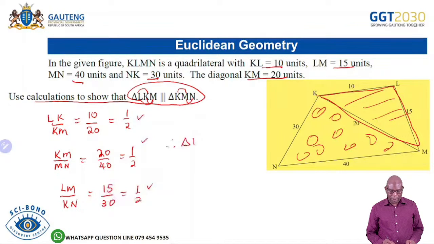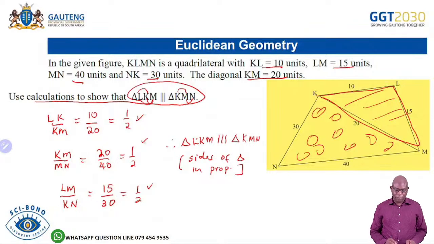Therefore, triangle KLM, write it in properly, is similar to triangle KMN, and I'll need a reason for that. The reason will be sides of the triangles are in the same proportion. Okay, because it's half, it's half, it's half.